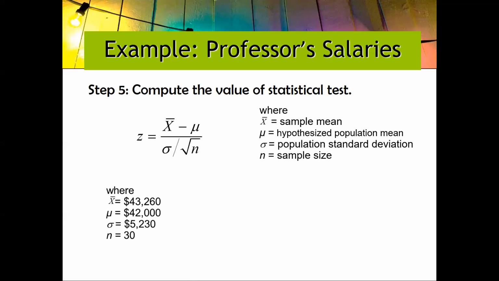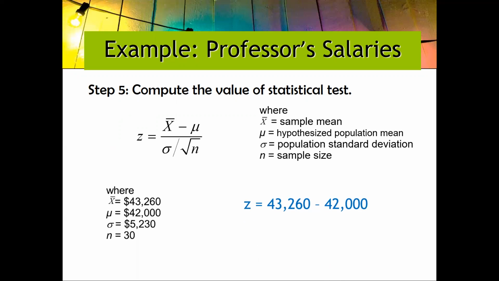Now let us highlight the given data. So the sample mean is 43,260, while the hypothesized population mean is $42,000. The standard deviation for the population is 5,230, and the sample size is 30.